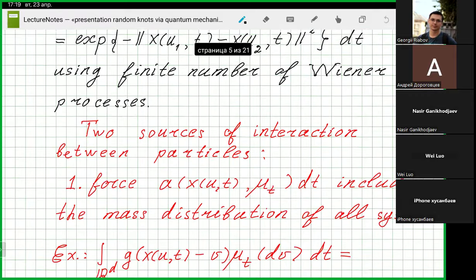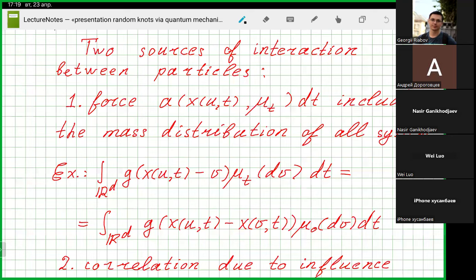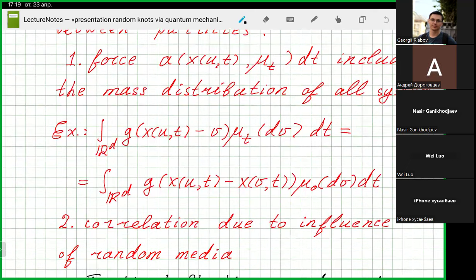So we have seen that we have two sources of interaction between particles. One is the force. You see in the coefficient A dependence on mass distribution of all particles. And coefficient A can be, for example, of the following kind, as you see here.